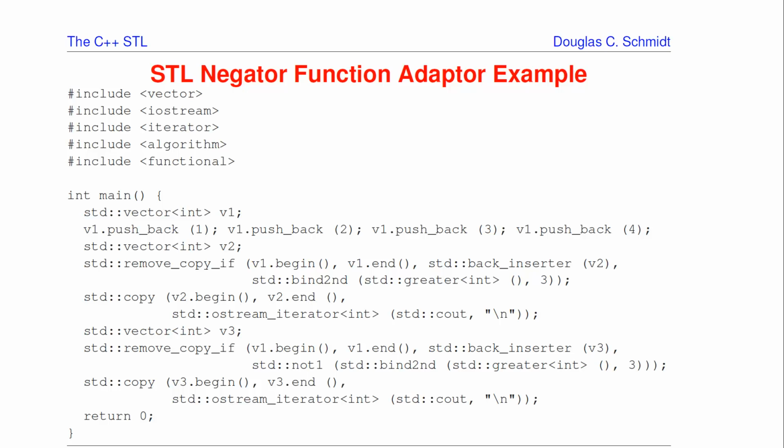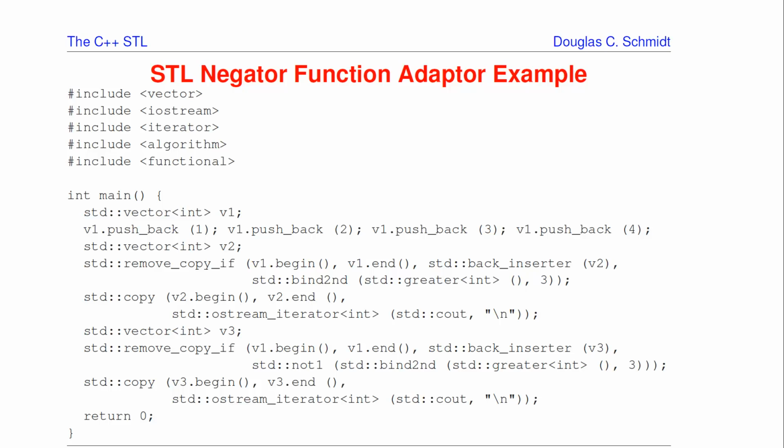And then that is held inside another anonymous functor, which is going to take the result of calling the result of the binder, which itself calls greater, and negates it. So we're chaining these things together. And we'll show you another example in a minute that goes even further off the deep end. But they're basically chaining together all these different adapters in order to get a more expressive, correct result.